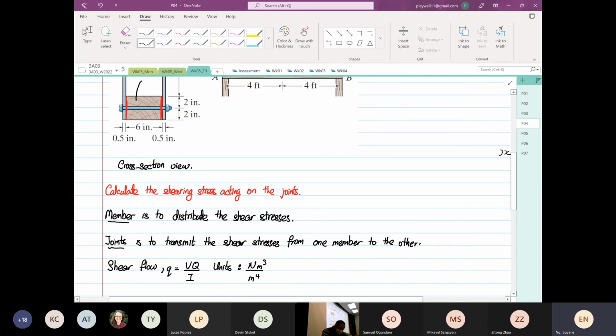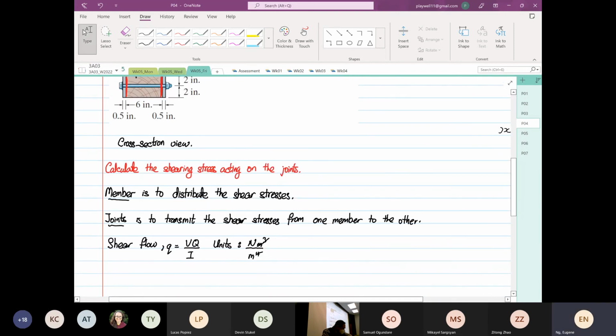When you cancel this, Q is also equal to the force that the joints would resist, divided by the spacing of the fastener, or the force that the fastener resists.